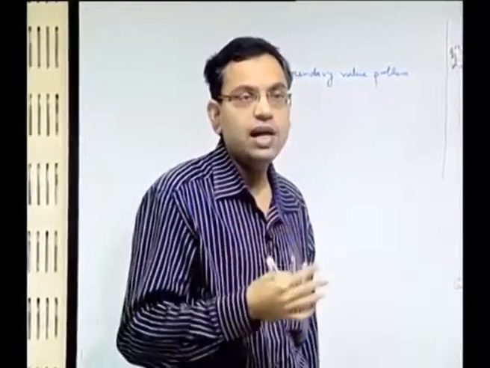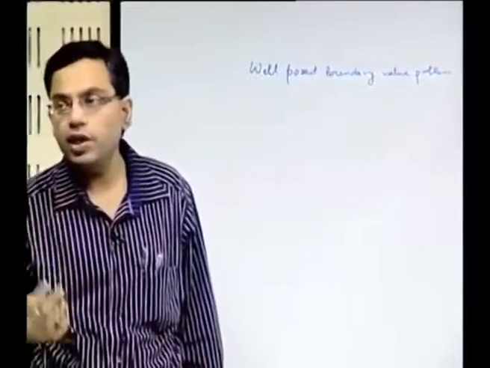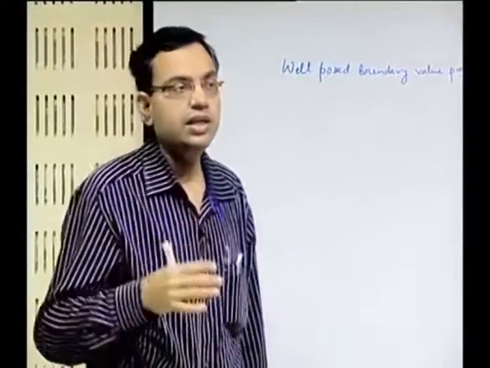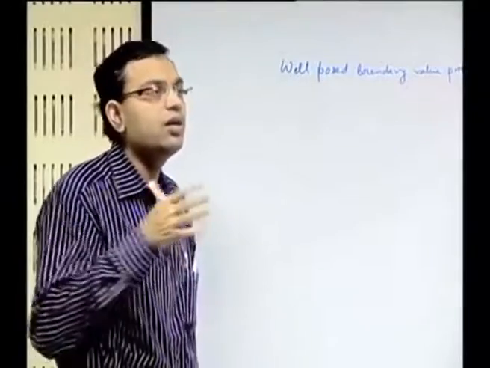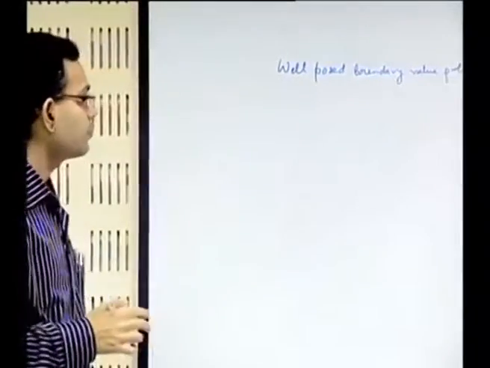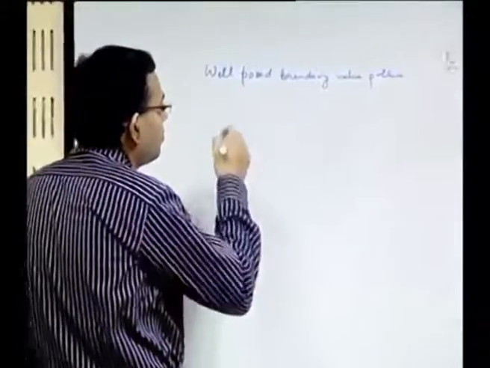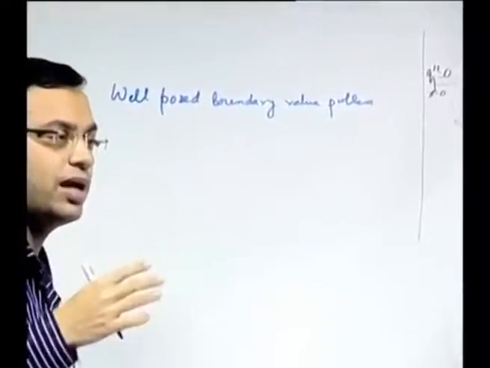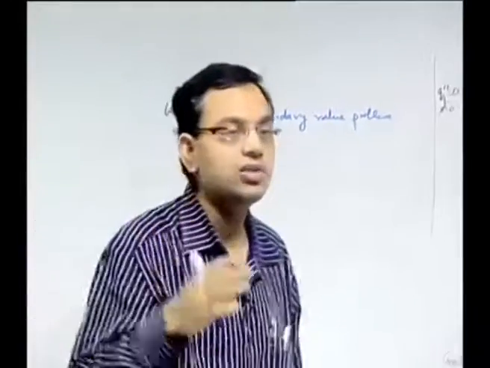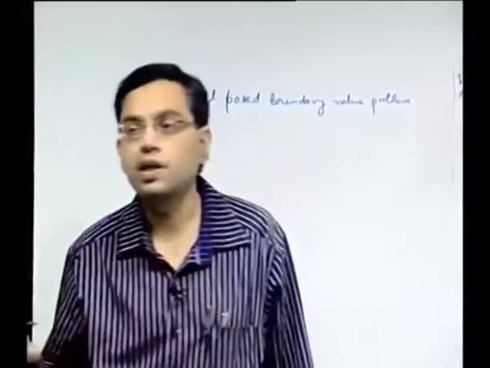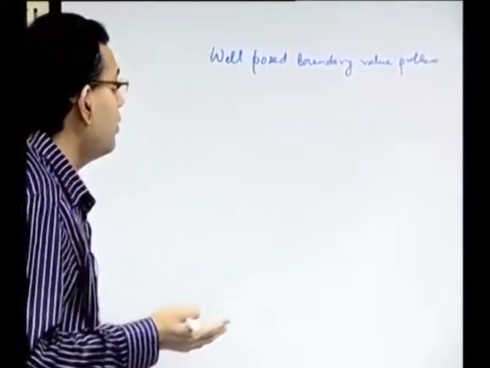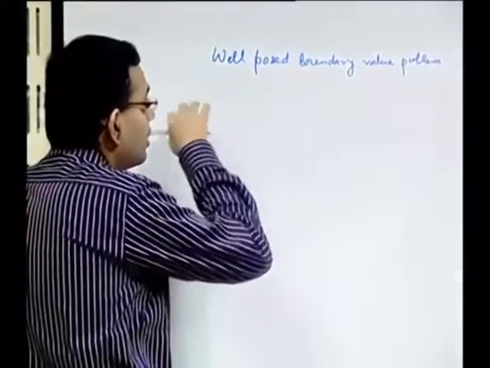So we have to understand what we mathematically mean by these terminologies, at least in a qualitative sense, if not by very rigorous mathematical definitions. So when we say that a boundary value problem is well posed, we have already discussed what a boundary value problem is, where you require boundary conditions throughout the domain of the problem, just like an elliptic partial differential equation. Now what are the requirements?